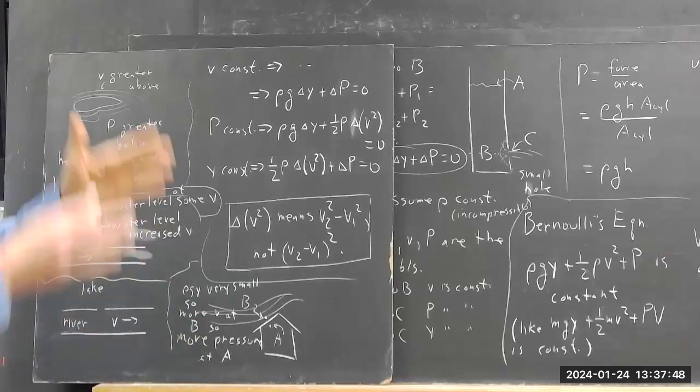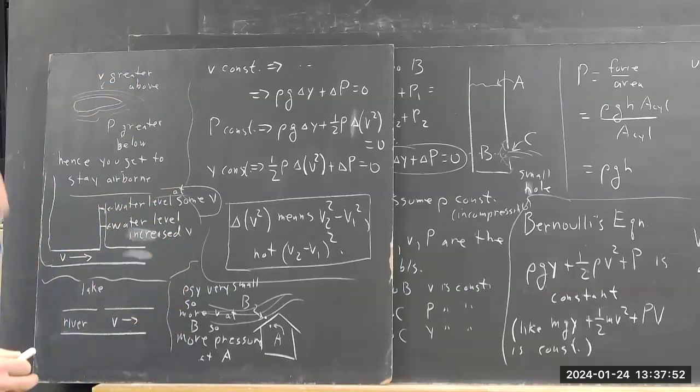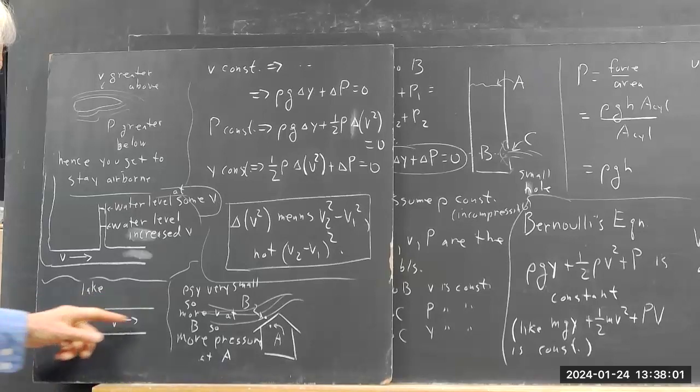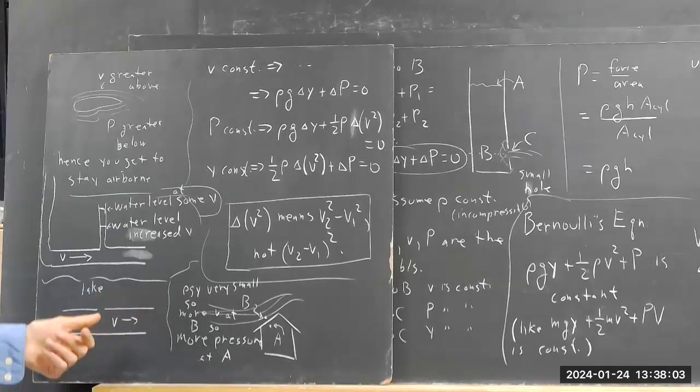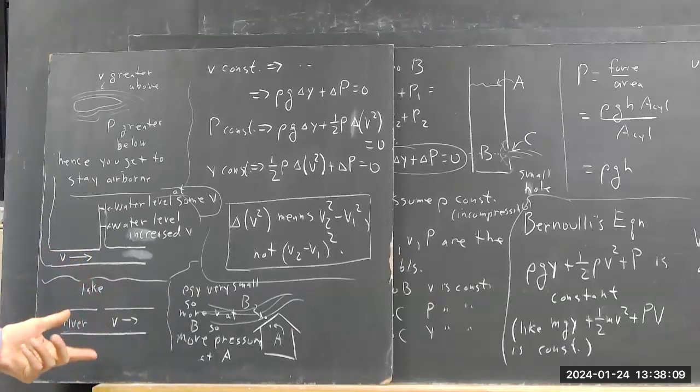So if this is a vertical break in the wall, the pressure away from the break is the same in both. Since you have higher velocity here, you've got lower pressure here. So water pressure from the lake will push water into the river. Make sense?